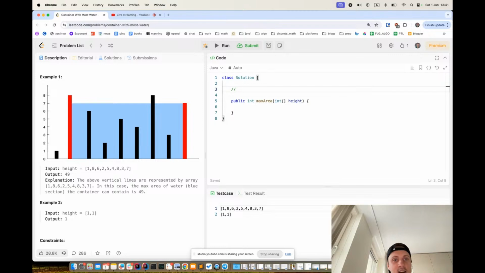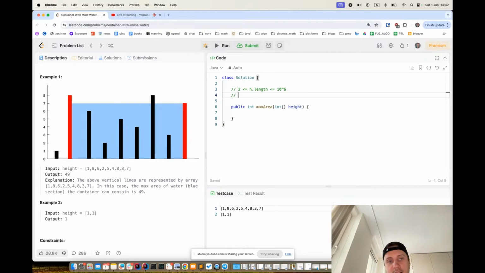Let's find some constraints. So we have some heights. I expect that we have at least 2 points, because with 1 point it's not valid. So 2 points in our array, and at most something like 10 to the 6th power, let's say.